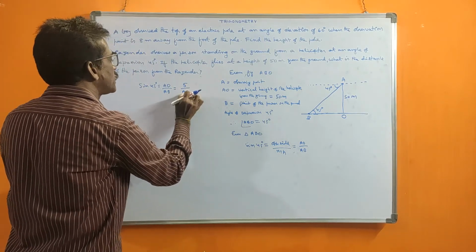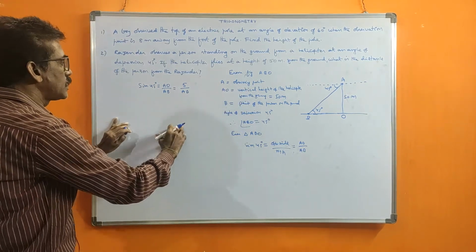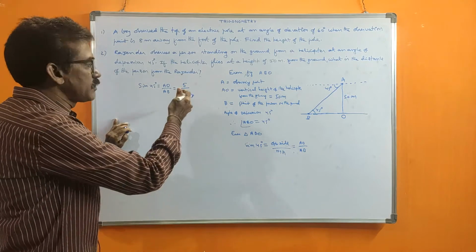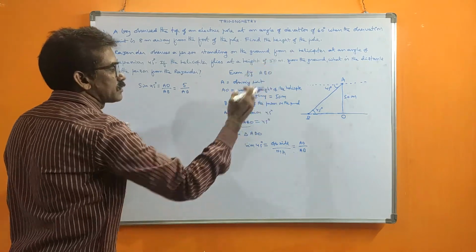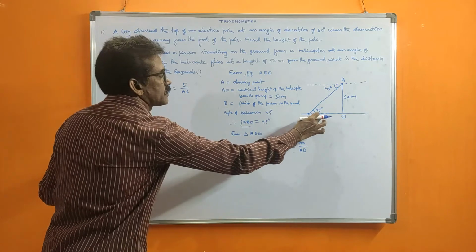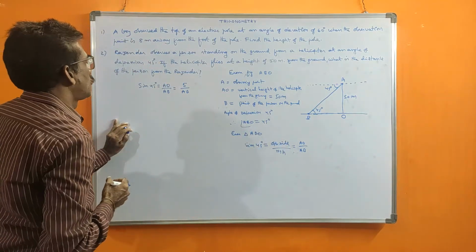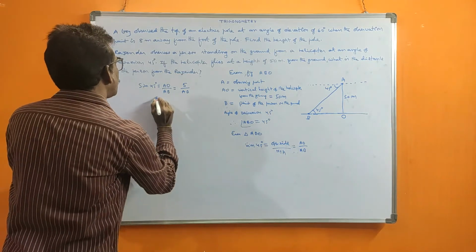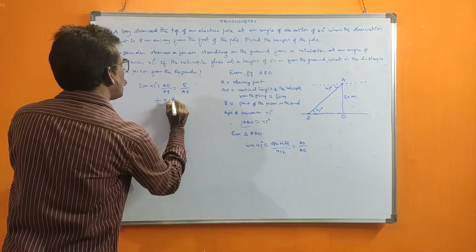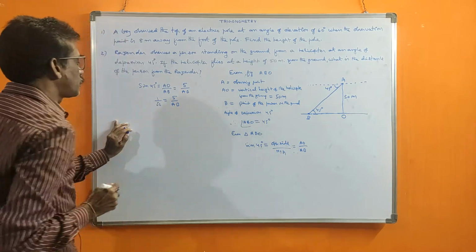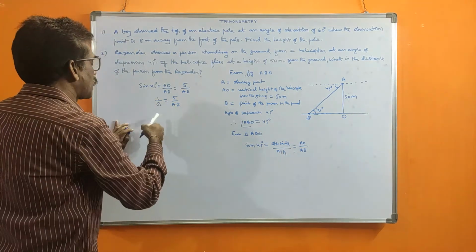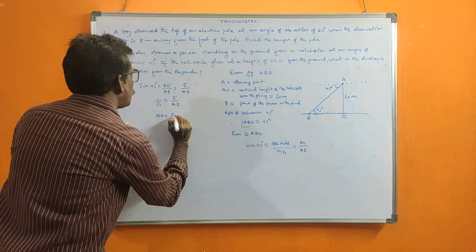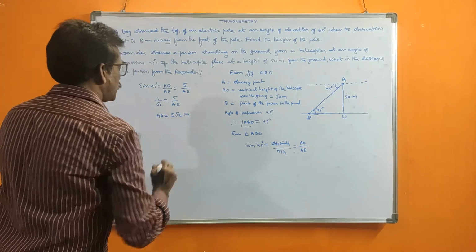That is the distance between the observing point and the person, which is asked. Now sin 45 is 1 by root 2. So 1 by root 2 is equal to 5 by AB. Cross multiplication: AB into 1 is AB, that is 5 into root 2, which is 5 root 2 meters.